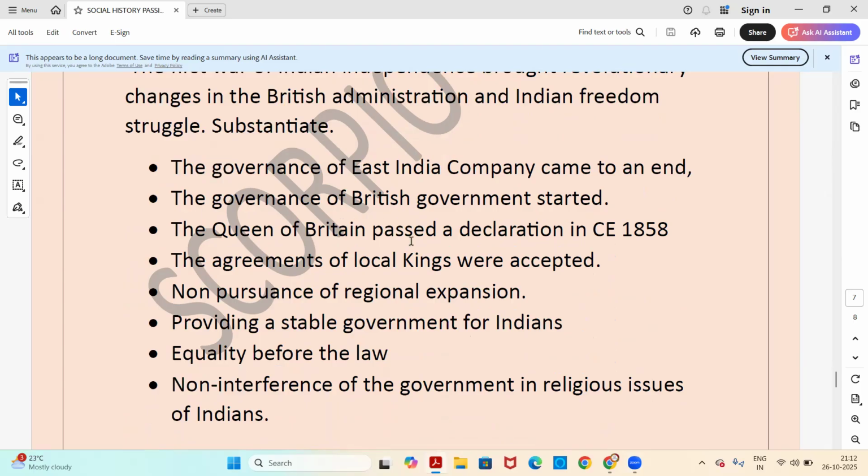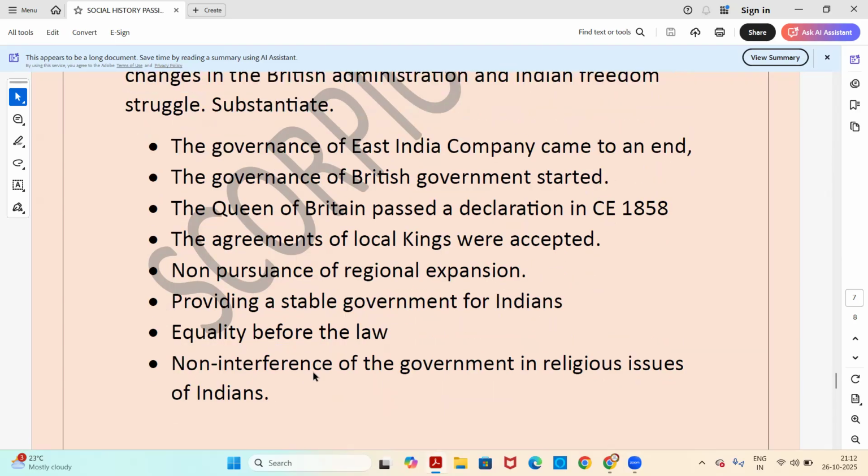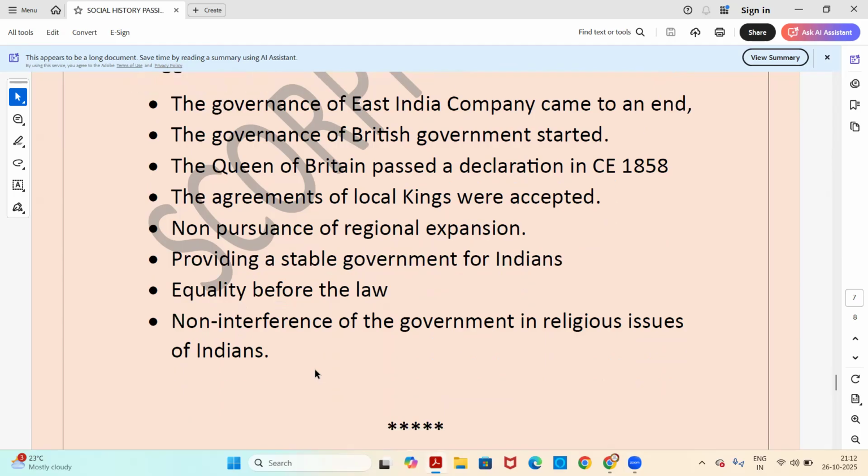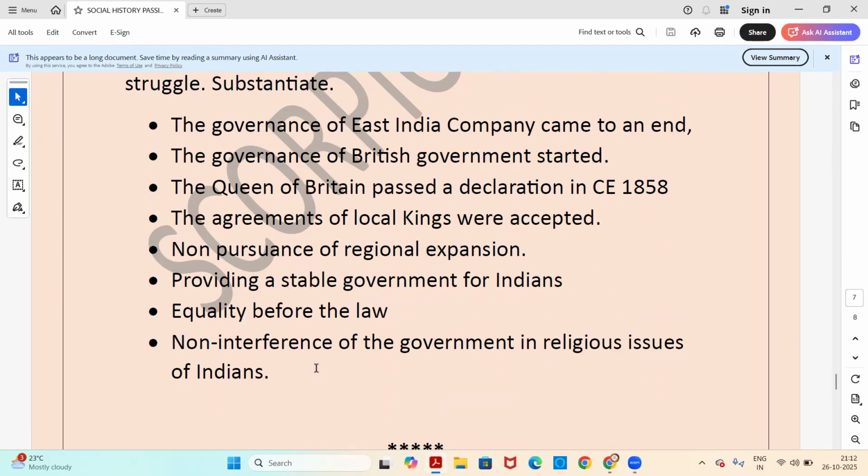The Queen of Britain passed a declaration in 1858. The agreements of local kings were accepted. Non-pursuance of regional expansion, providing a stable government for Indians, equality before the law, non-interference of the government in religious issues of Indians. So these are the points for this answer.